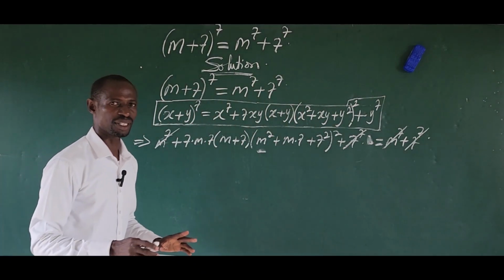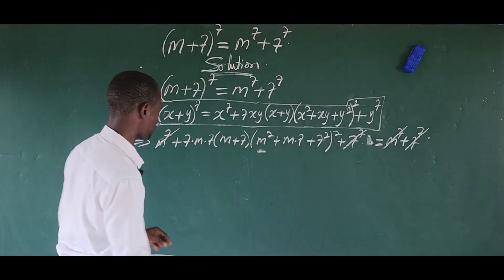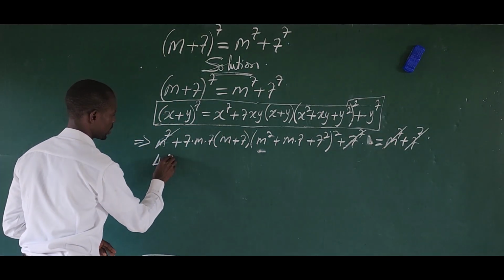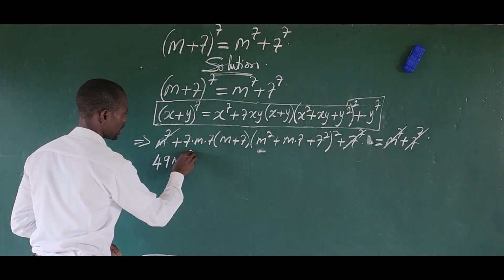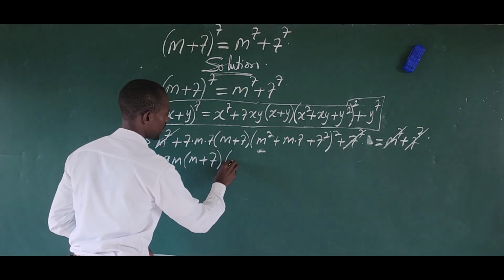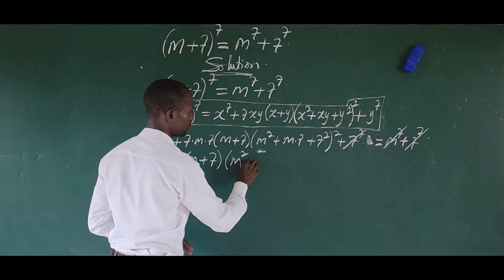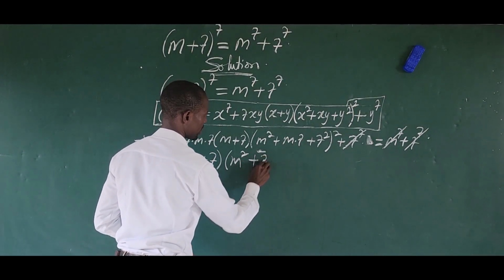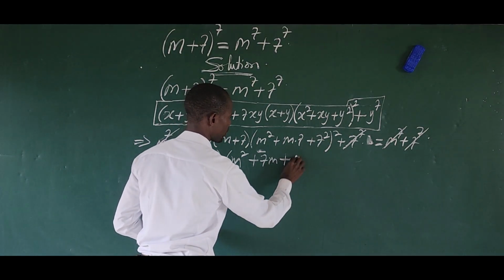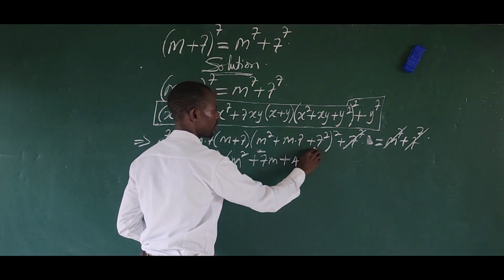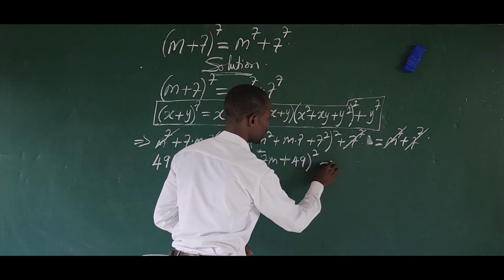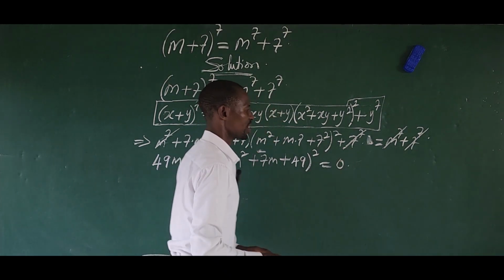On the right-hand side of the equation, we are left with just 0. So we now have 7 times 7, which gives us 49m times (m plus 7), times (m squared plus 7m plus 49) all squared, and this equals 0.